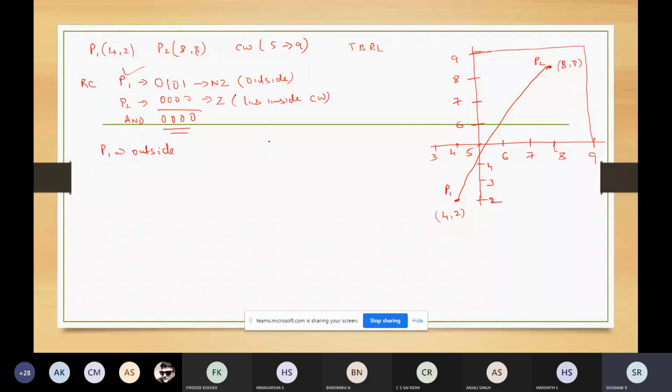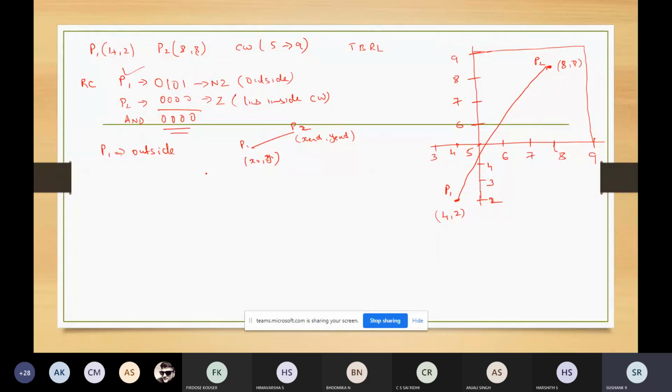If I take the slope of this line P1 P2, it will be the difference between the y end point and y naught, divided by the difference between the x end point and x naught. So calculate slope: m is equal to y end minus y naught divided by x end minus x naught.